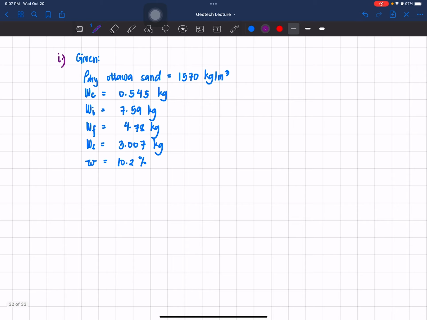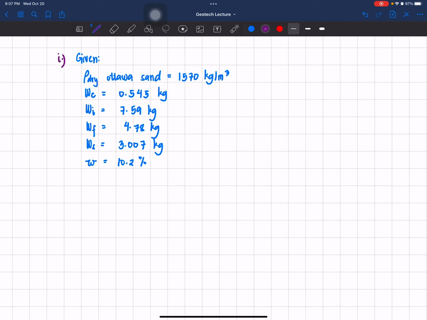First, if we want to get the weight of the Ottawa sand that filled the hole, of course, we need first to get the difference between the initial weight of the apparatus minus the final weight of the apparatus, because that will give us the weight of the Ottawa sand that was taken off from the apparatus.